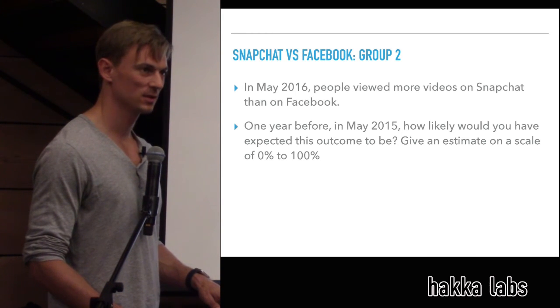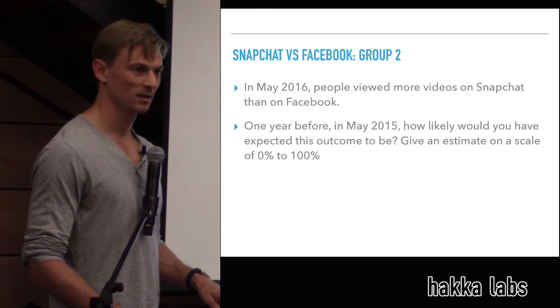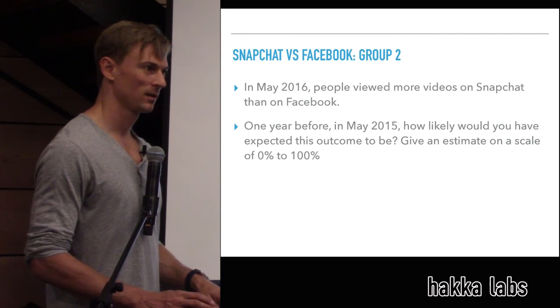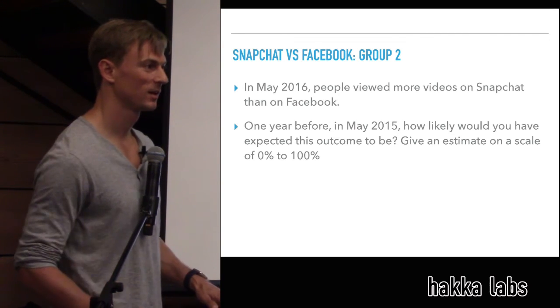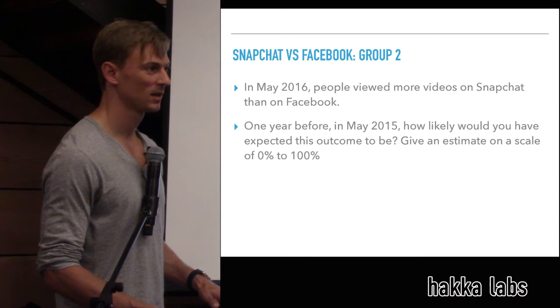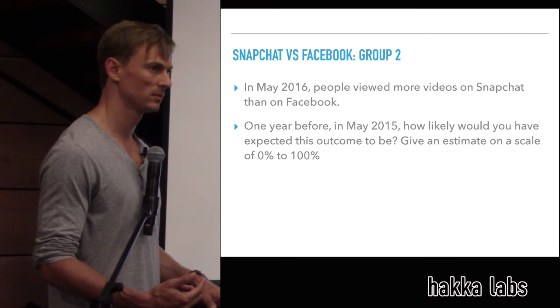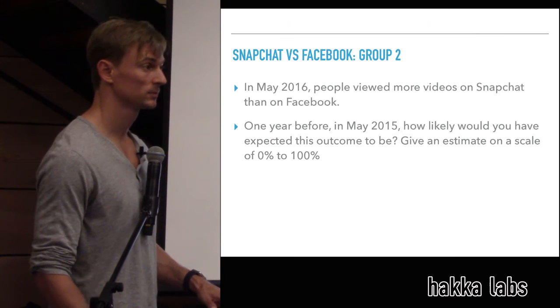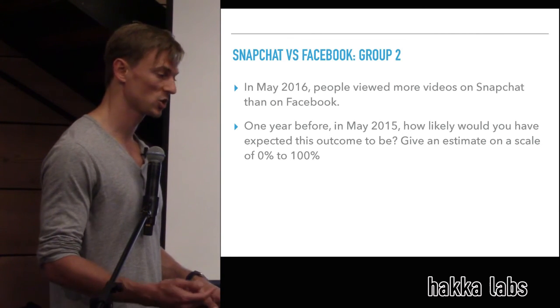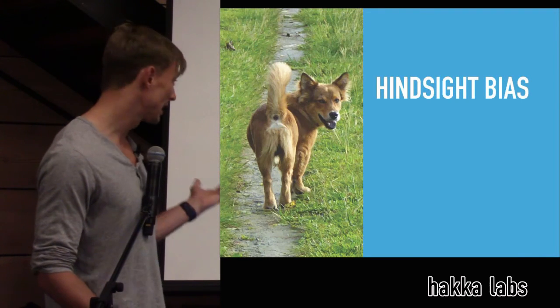Anybody want to take a stab? Oh. After the fact, you rationalize the result that you know to be true. Right. That's a really good explanation. In the literature, it's called hindsight bias.